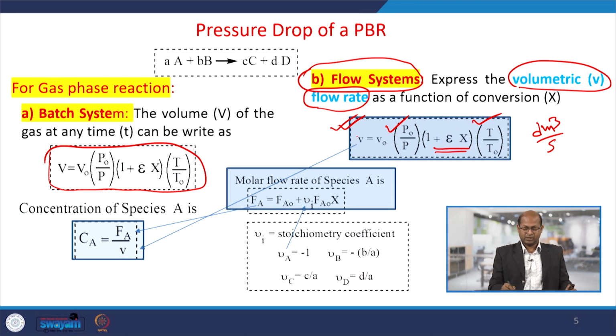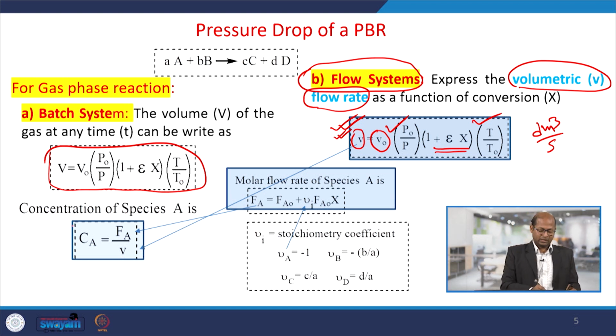So, how is the volumetric flow rate affected or changed? The initial volumetric flow rate entering just at the start of the reactor is v naught. When the pressure and temperature effects are there, the volumetric flow rate will be different due to the changes of temperature and pressure. That is written here, and we have already discussed it in our previous class.